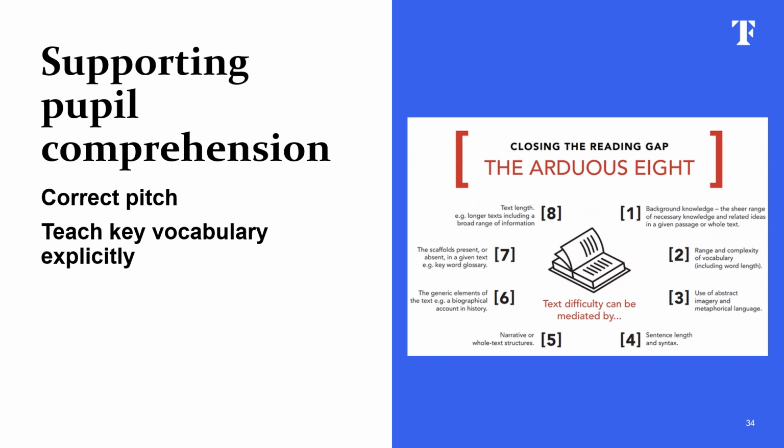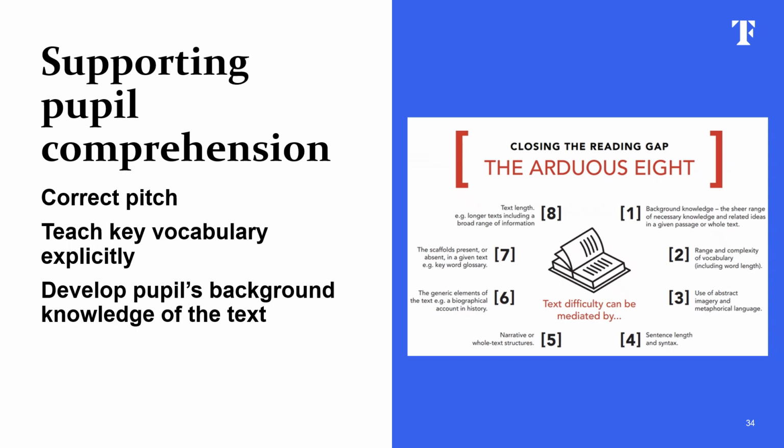Teachers then need to teach pupils the key vocabulary explicitly. We also need to support pupils' background knowledge of the text they read. For example, if they're reading a text from the Bible, we might want them to know the history of the Bible, how it was compiled, the genre of the text they're reading, its context, a bit about how it's been translated, and so on. Background knowledge is important for comprehension.